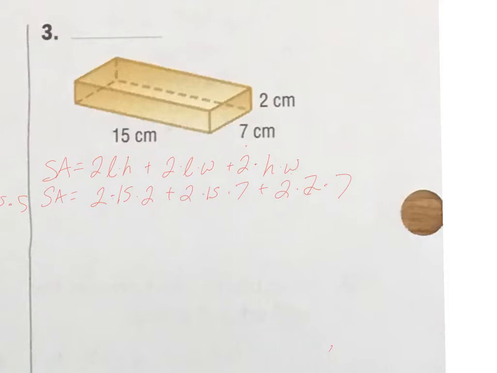Okay, let's put these together. 2 times 15, 30 times 2 is 60, plus 30 times 7 is 210, plus 2 times 2 is 4, times 7 is 28. And when you add all of those together, you have 60 plus 210 plus 28. You get 298. The unit is centimeters, and it's squared.